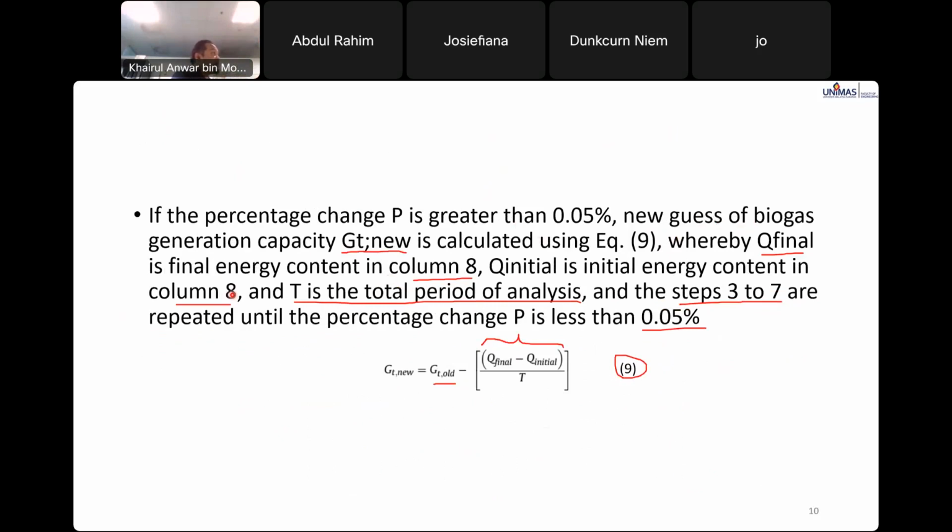The new biogas generation is calculated using equation 9, whereby Q final minus Q initial. So in this case, 18,491. Refer back to table 5. Minus Q initial, which is 0, divided by T, the total period of analysis, 24.